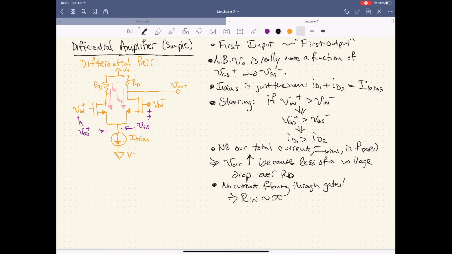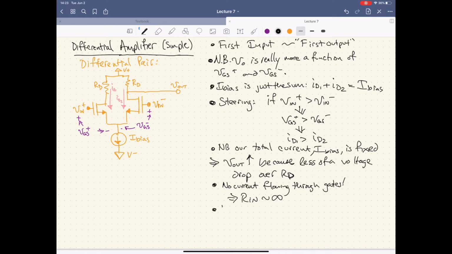We have infinite input resistance because our input terminals here are not letting any current through GD or GS, which is good. Otherwise, our transistors would be broken.